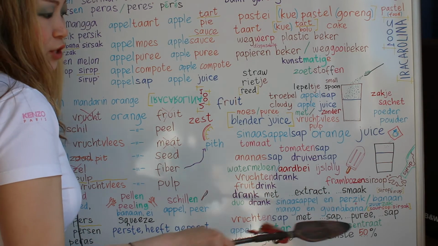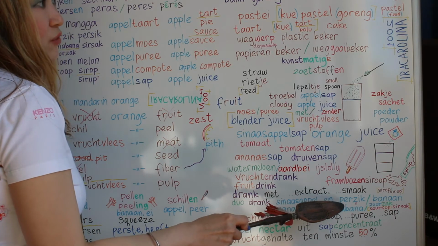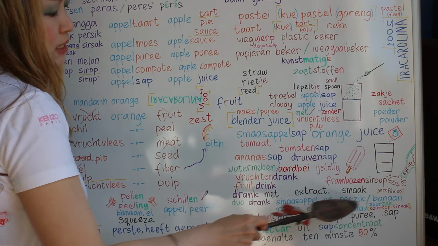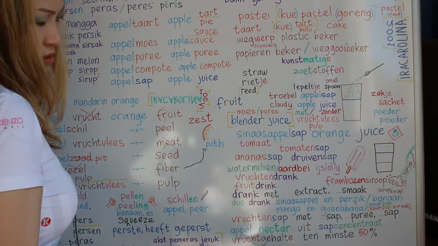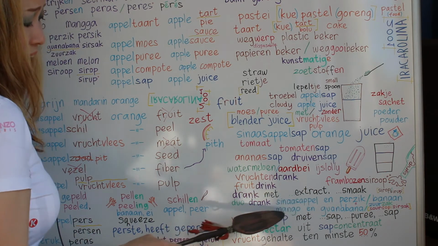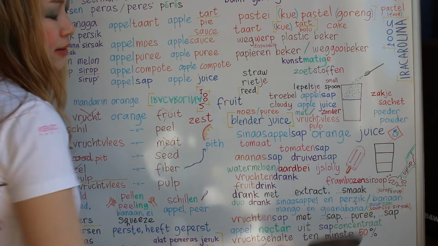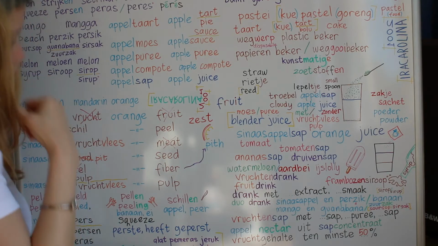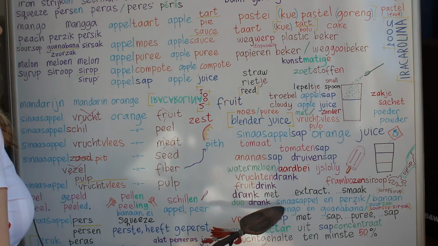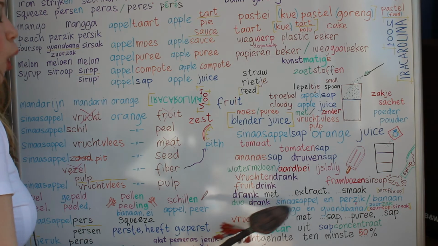In Indonesian language, you just have to change this Z into S, but we read it instead of perzik, we read it as persik. Yes, peach. Or sometimes orange, sinaasappel, and banana. Or mango. This one we read the same as in English, mango.